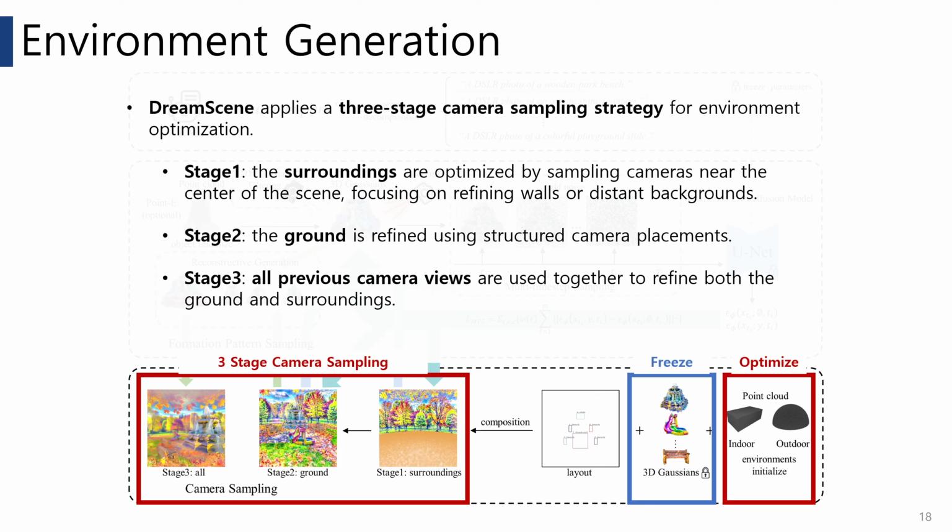Finally, all previous camera views are used together to refine both the ground and surroundings. This ensures that the ground, surroundings, and objects integrate properly while maintaining full scene consistency.